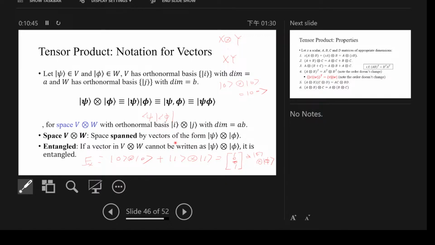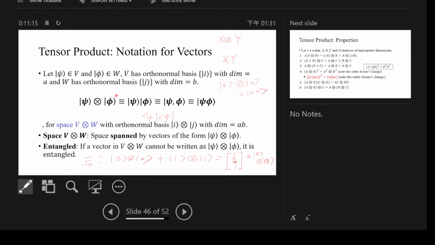So we analyze the tensor product a little bit more, focusing on tensor product for vectors. For tensor products of vectors, we have a whole bunch of notation. A lot of the time, the tensor product we do is the tensor product for vectors. So the most standard notation: you have a vector psi and a vector phi. They can be in different spaces.